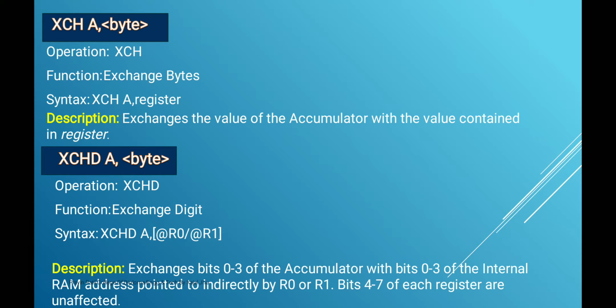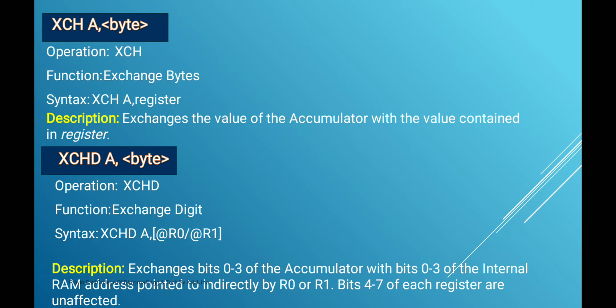For example, suppose R0 contains the address 20H and the accumulator contains the value 3FH. Then the internal RAM location 20H contains the value 75H.